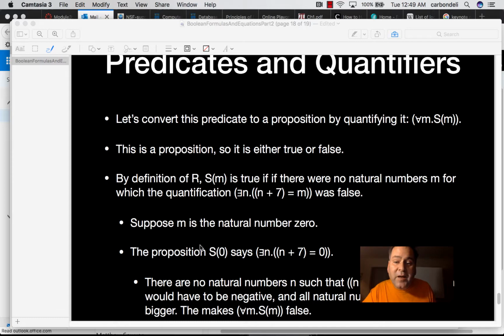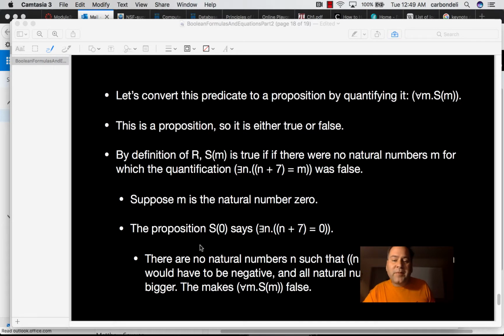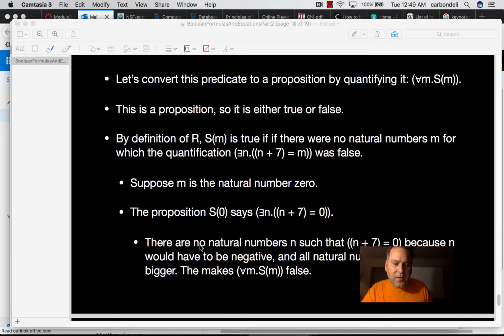Suppose m is the natural number 0. The proposition S of 0 says for some n, n plus 7 equals 0. There are no natural numbers n such that n plus 7 equals 0 because n would have to be negative, and all natural numbers are 0 or bigger. That makes the expression for all m, S of m false.